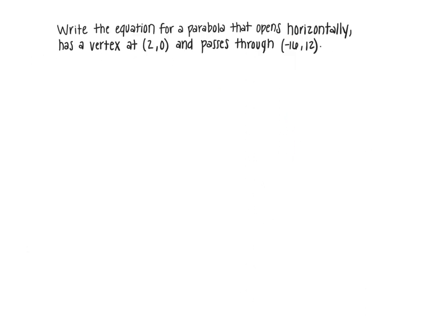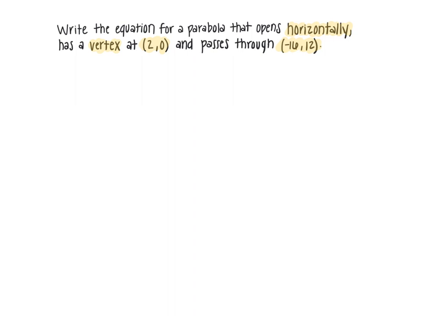Okay, so here we're asked to write an equation of a parabola in vertex form. This parabola that's given to us opens horizontally, and they gave us two features of the parabola. They gave us the vertex, which is located at 2, 0, and they also gave us a point that the parabola passes through.